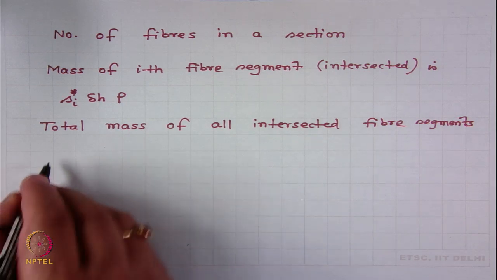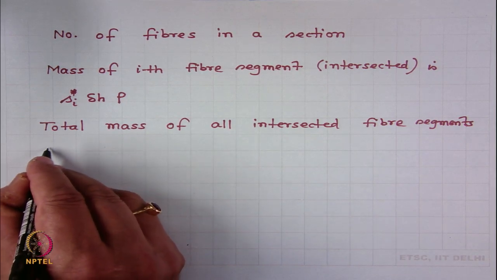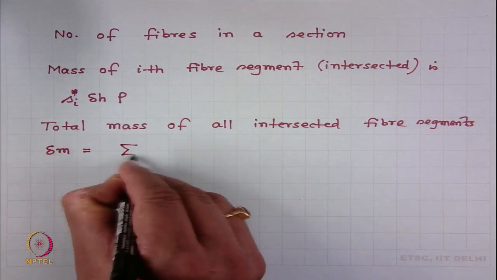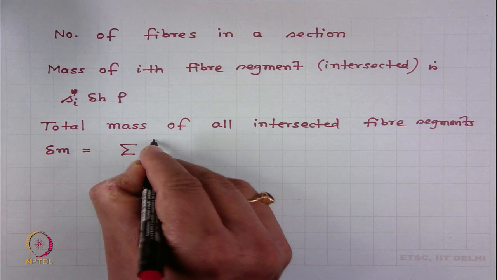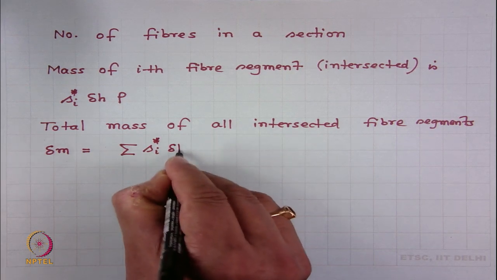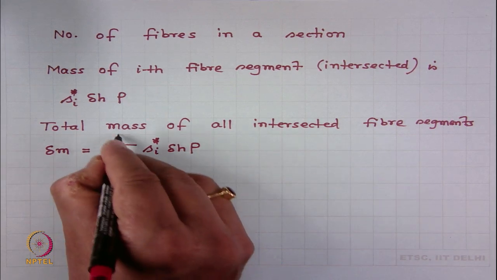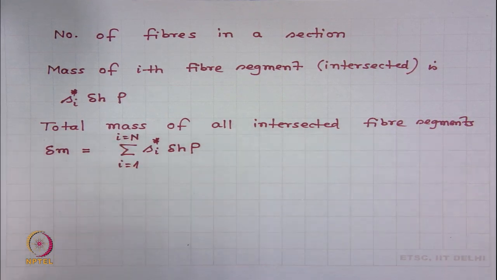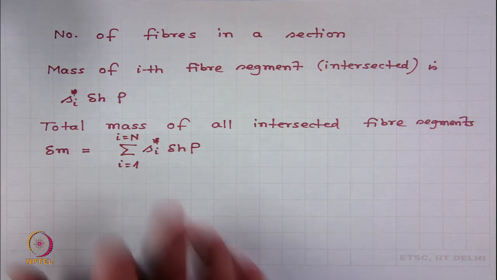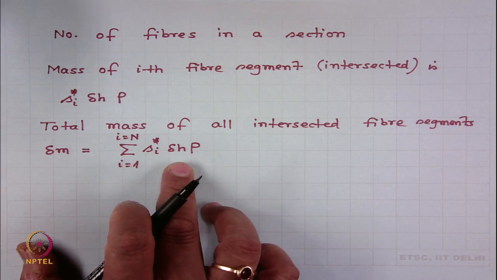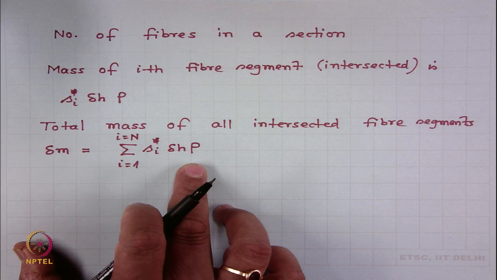This is equal to the summation of Si star delta H into rho, i equal to 1 to N. Here in this summation expression, delta H is a constant, the thickness of the slot, and rho is also constant, the density of fiber.